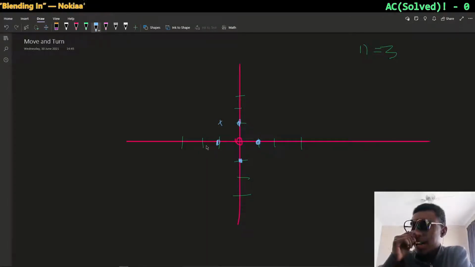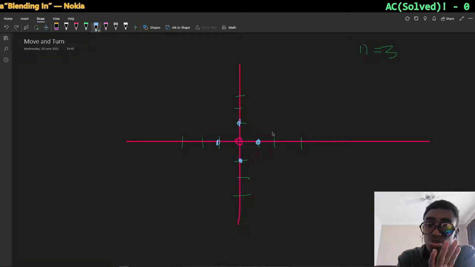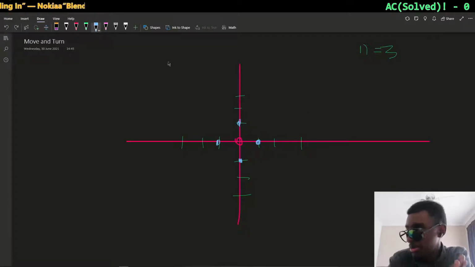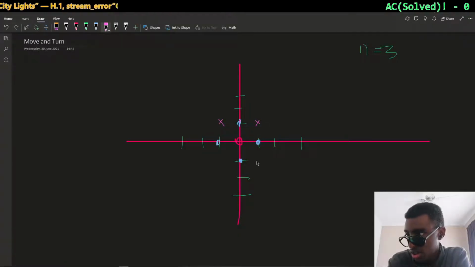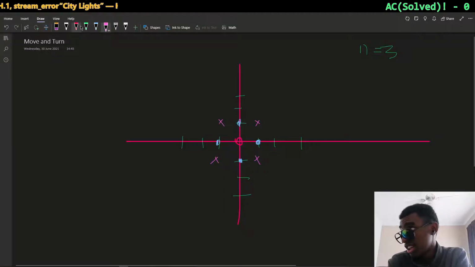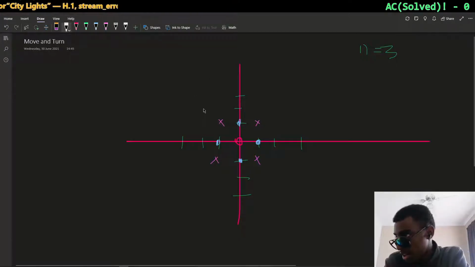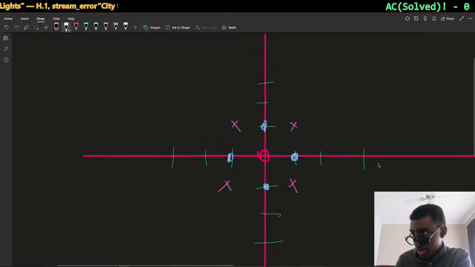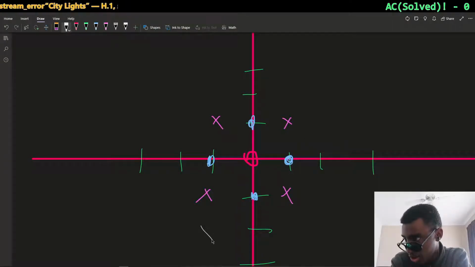But I've got something else. Let me just draw up for two steps all the different places we can end up, and it's going to be in pink now. So we could end up there, or there. Now I'm going to do 3, and then I'm going to explain where my idea for the solution comes in. So let me just zoom in a little bit. Now say we had moved 3, we could have ended up here.